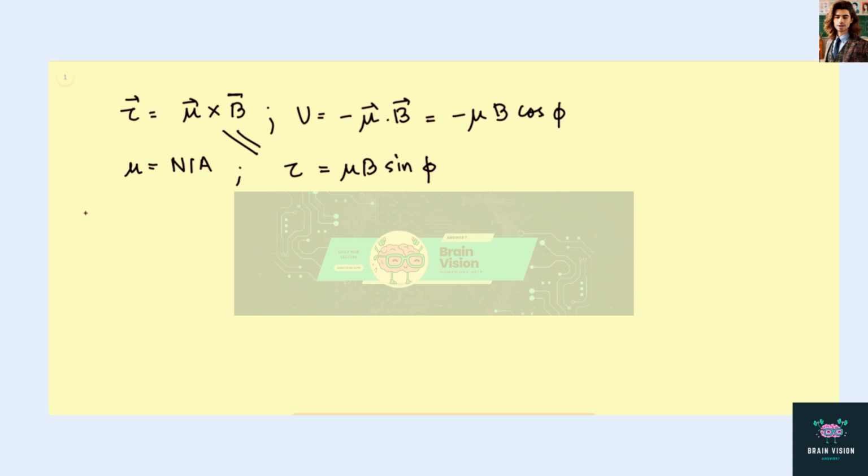For the first case, phi is equal to 90 degrees. That means tau is equal to mu, which is now NIA, times b sine phi, which is equal to n times I times A times b, because sine phi is basically 1 here.